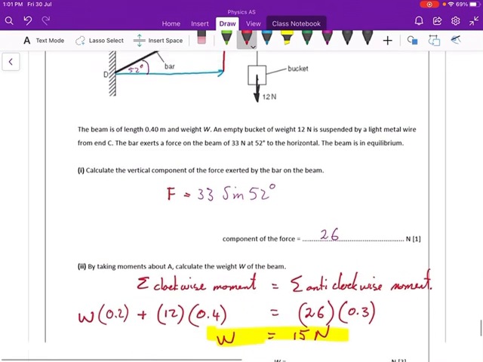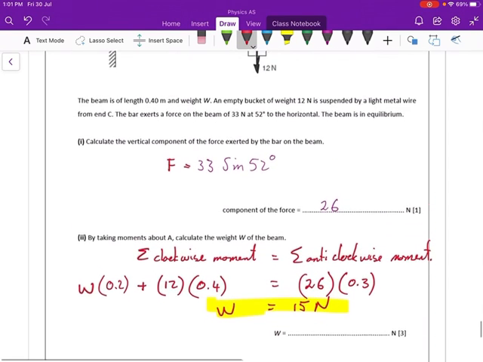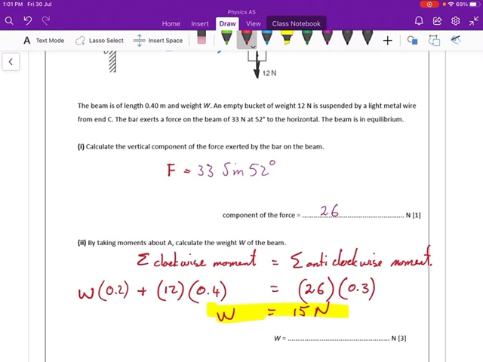So when I do my calculation, it's going to be the clockwise moment equal to the anti-clockwise moment, but the sum of, or total, that's how we write it. Then we do our substitution. Yes, you could have added a line in there: force times perpendicular distance, plus force times perpendicular distance.